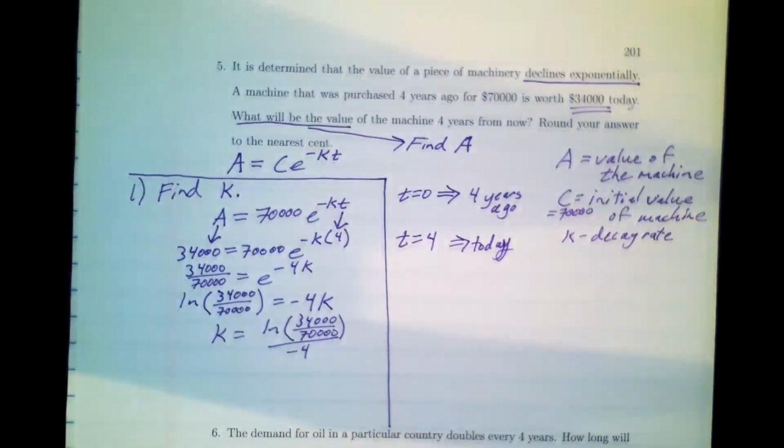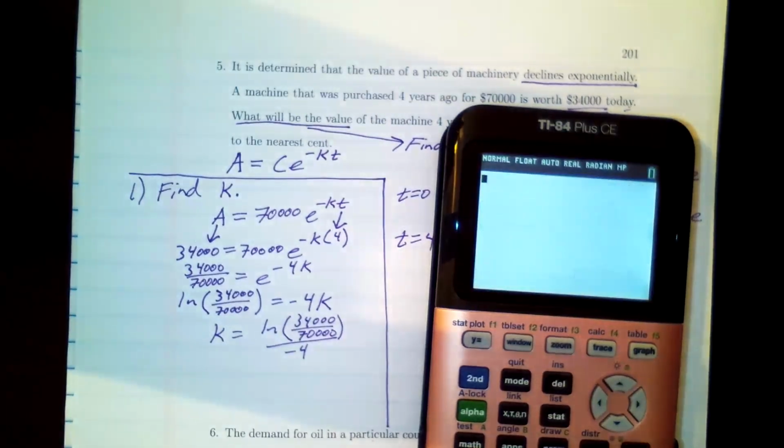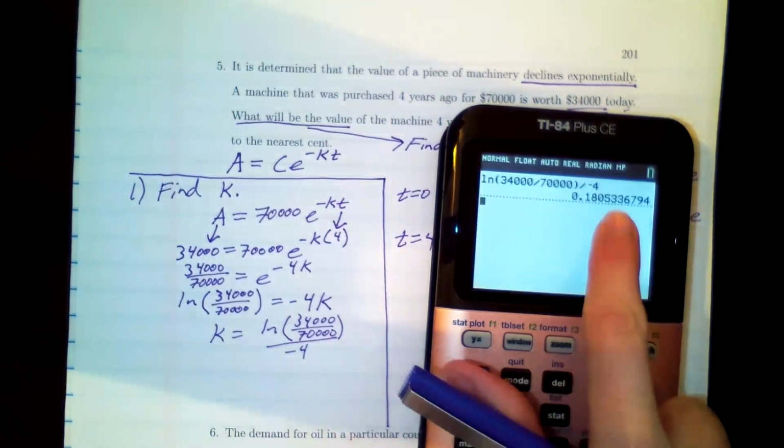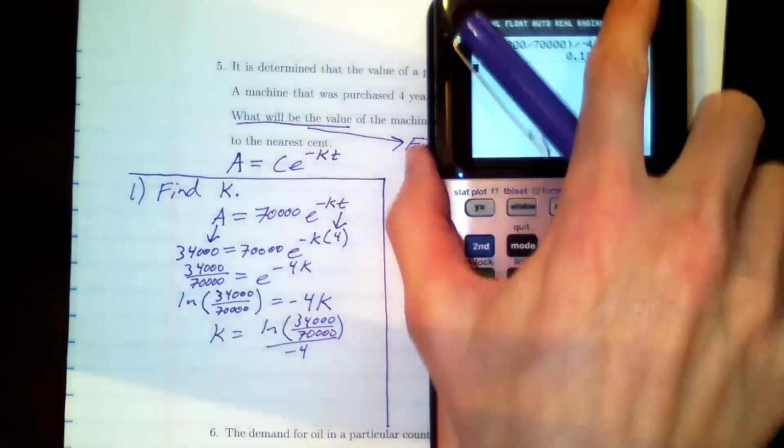Punch this out on your calculator, but again, don't round it. So that's the decimal I get for K. But instead of rounding it, what I'm going to do is either write down the whole entire thing there as your K so that you can use that in the next step, or you're going to do what I'm going to do and you're going to store it.